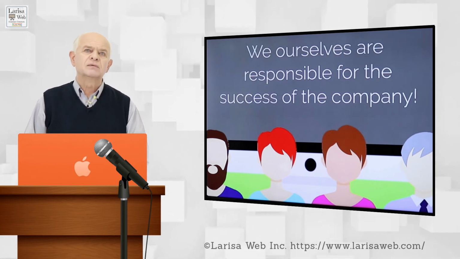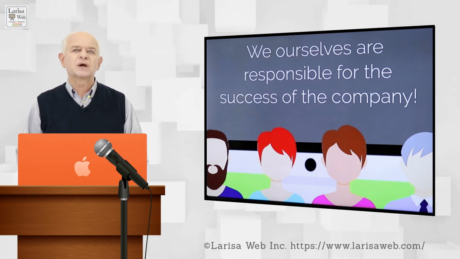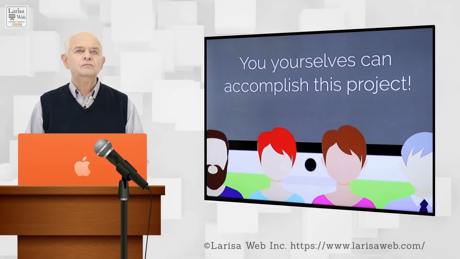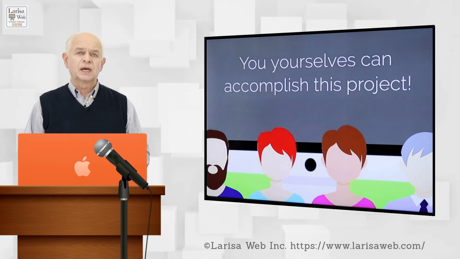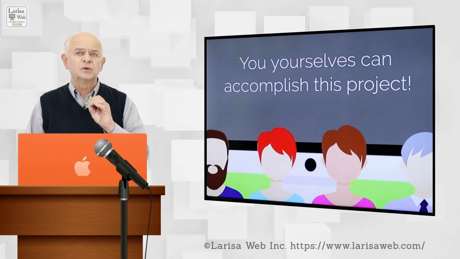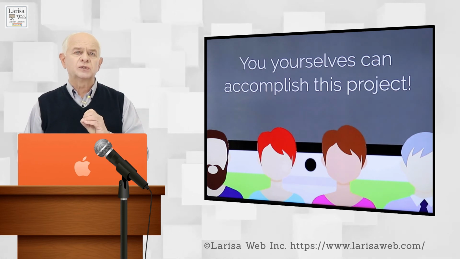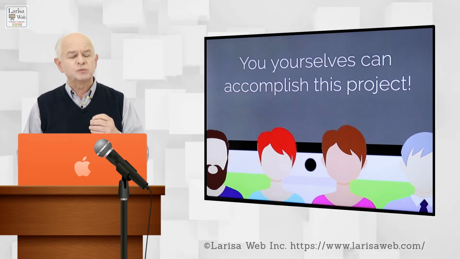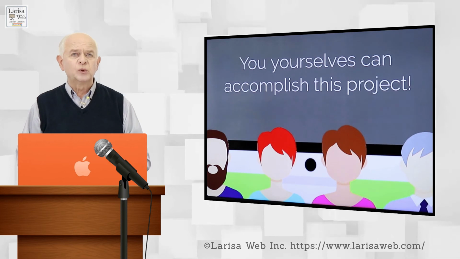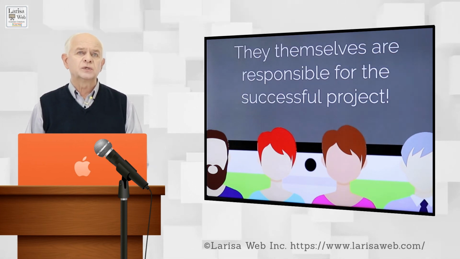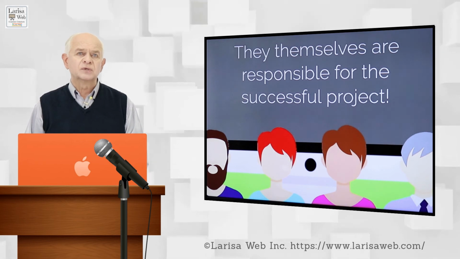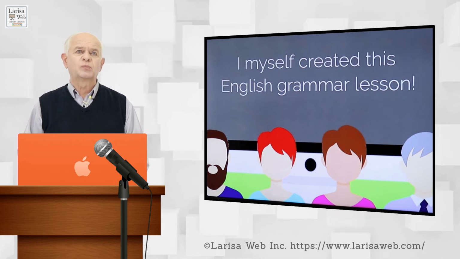We ourselves are responsible for the success of the company. You yourselves can accomplish this project. Once again, you see how it sounds a little funny to American English speakers. It is used more commonly in British English, but some people do use this kind of grammar in American English as well. They themselves are responsible for the successful project.